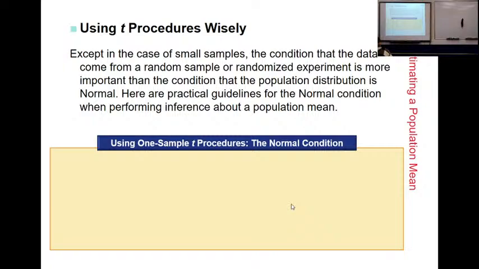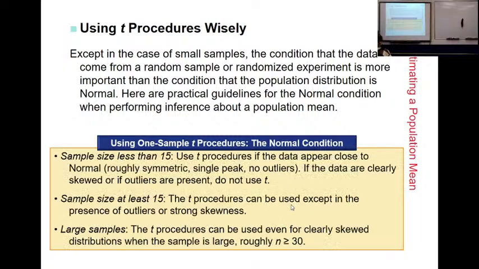How lenient we can be depends on how much our condition is violated. If n is at least 30, then we're in great shape and the normal condition works no matter what. If n is less than 30, then we need to check, and how strict we need to be depends on how large our sample size is. If our sample size is at least 15, then what we are looking for is no obvious skewness or outliers.